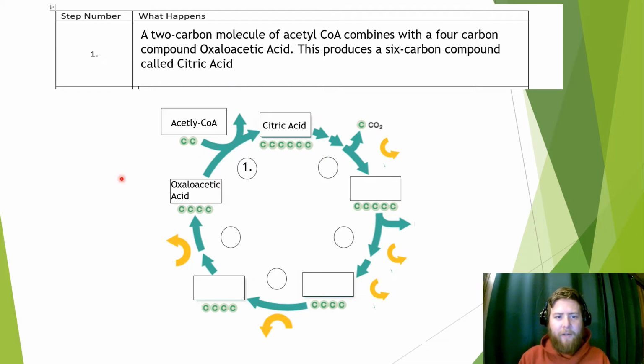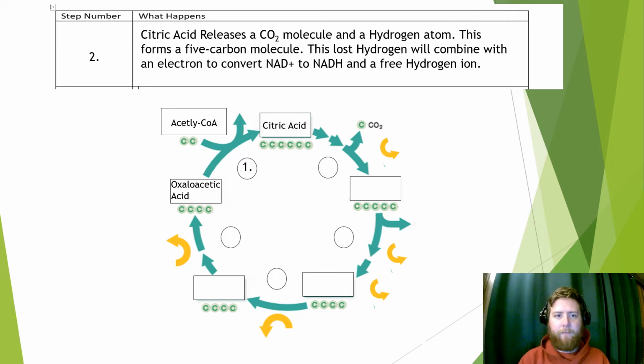There are only a couple, oxaloacetic acid and citric acid, that I need you to think about and know. The rest of them we're just going to talk about the number of carbons they have and what's produced in each step. So in the first step, we've made citric acid. This is why it's called the citric acid cycle: it's a cyclic event where citric acid is a very key player.